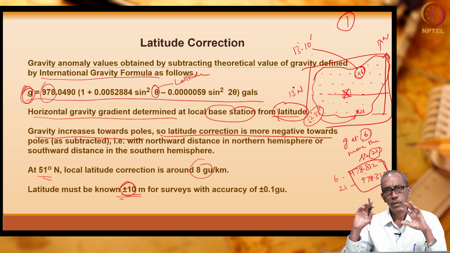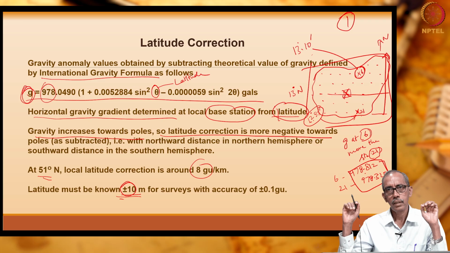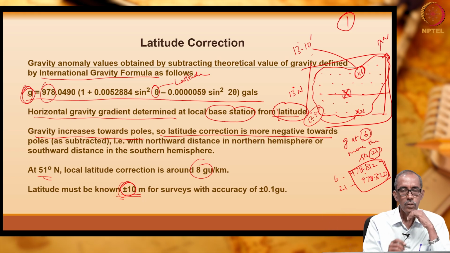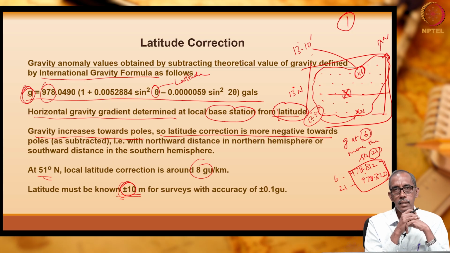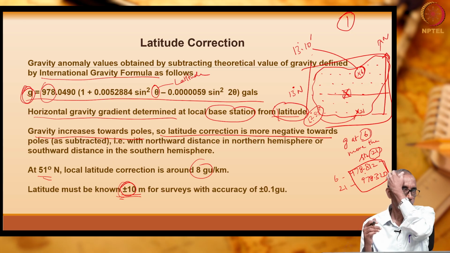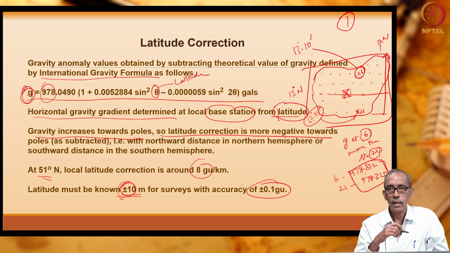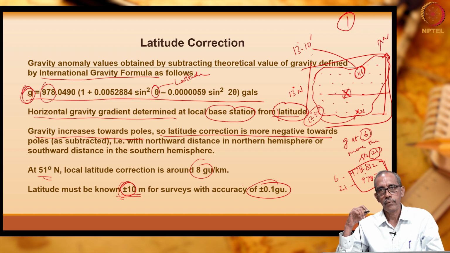East-west, no problem with regard to latitude, because they are all at the same latitude. So, the effect of the radius of the earth is not going to be there at all, isn't it? So, at least to have plus or minus 10 meters is necessary in order to achieve an accuracy of this much in gravity correction.